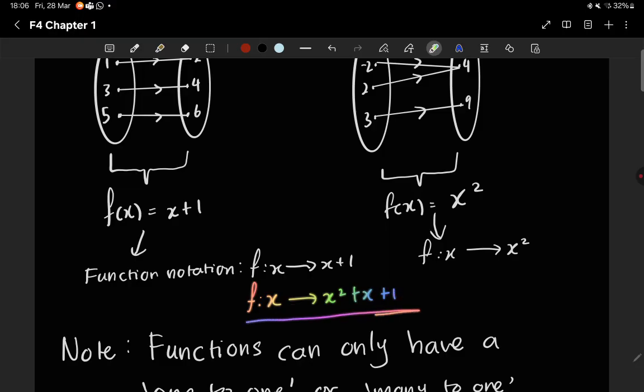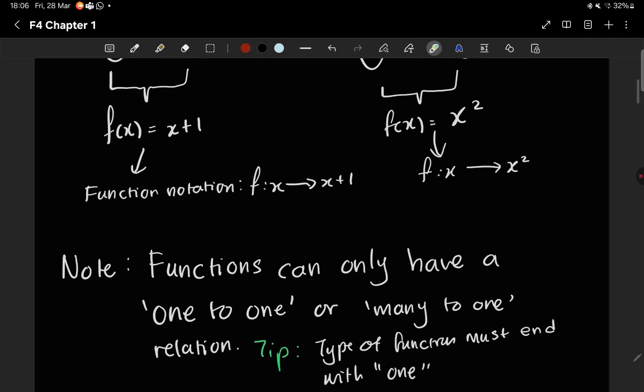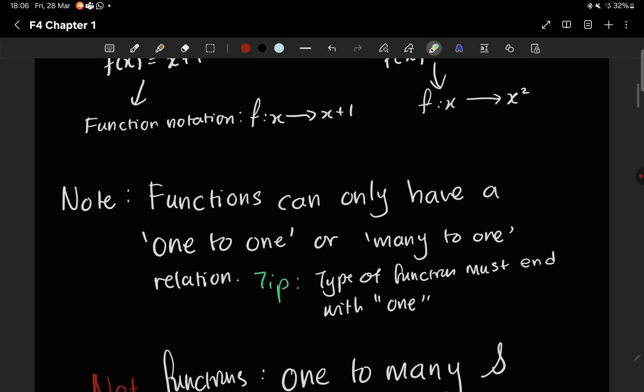It's just a different way of writing the function. So please bear that in mind, because there could be questions asking you to write the function notation, but not the function equation. Alright, so do bear this in mind. So this will be the function notation for this corresponding function, and this will be the function notation for this corresponding equation.